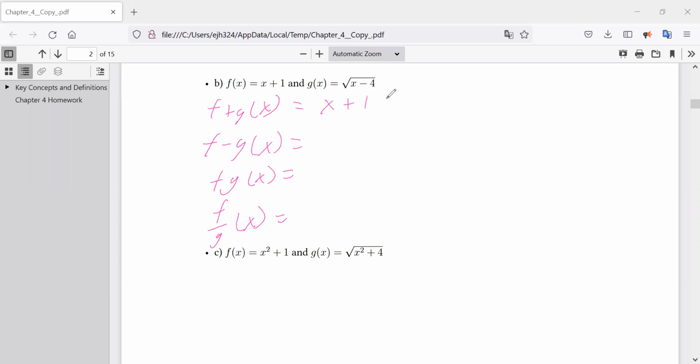Perfect. Student: For the second one, would it be x plus 1 minus the root of x minus 4? Yes, exactly. Student: For the third one, would it be x plus 1 times the root of x minus 4? Yep.